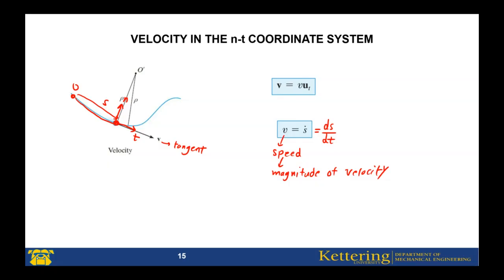As the body moves along this curve and s increases, the velocity will change with s. This is the velocity. This is the easiest.